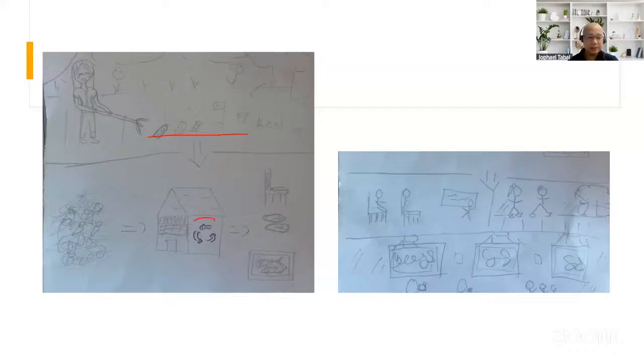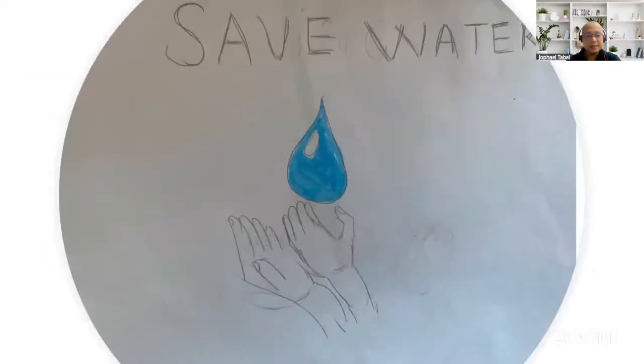As you can see here, the arrow cycle means recycling. For this one, I'm not sure what it is, but maybe a lecture. This is saving water.